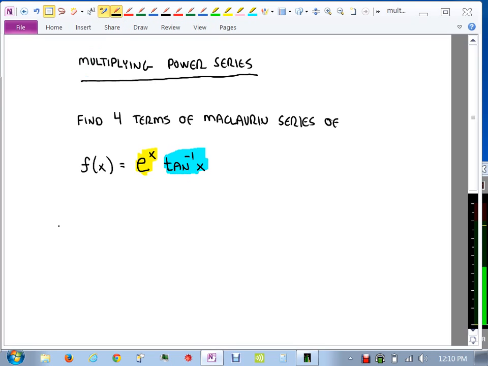So I'm going to rewrite this as equal to, first, the series for e to the x, which is sum n equals 0 to infinity x to the n over n factorial, times the arctan, which is sum n equals 0 to infinity -1 to the n x to the 2n plus 1 over 2n plus 1.